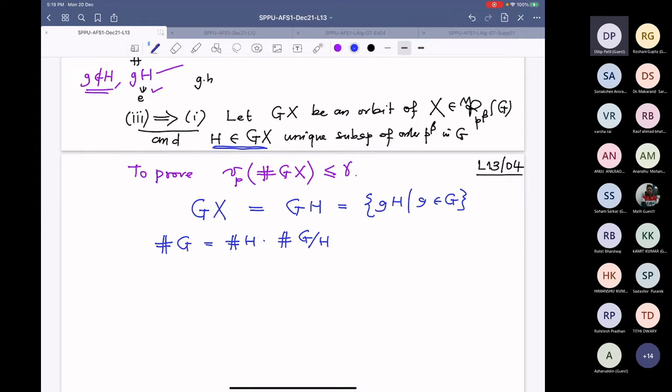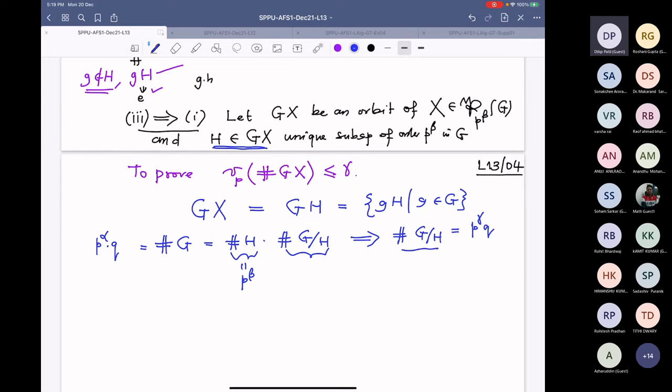I know the cardinality of H is P power beta, and of G is P power alpha times Q. So what should this be? That implies the cardinality of G by H is equal to what? P to the power gamma into Q.